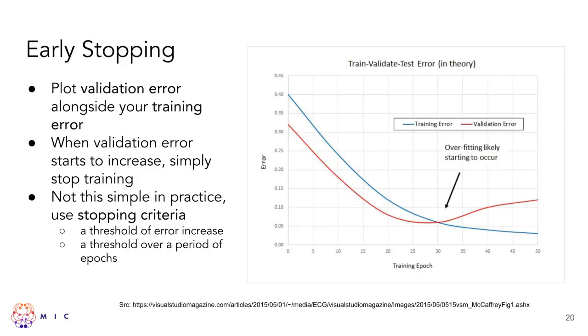So you use stopping criteria, which you determine beforehand. So you could say, all right, if validation error increases this much over one epoch, then I'll stop. Or you could say, if validation error increases this much over several epochs, then I'll stop. These are just a couple of examples. There are more, which I've included at the end, which you can take a look at if you're interested.